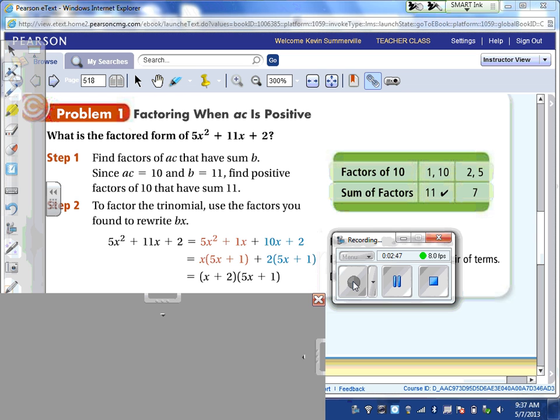Once you're done with that, I would like you to explain to me how they got x plus 2 and 5x plus 1 to be their final answer. So go ahead and do that.